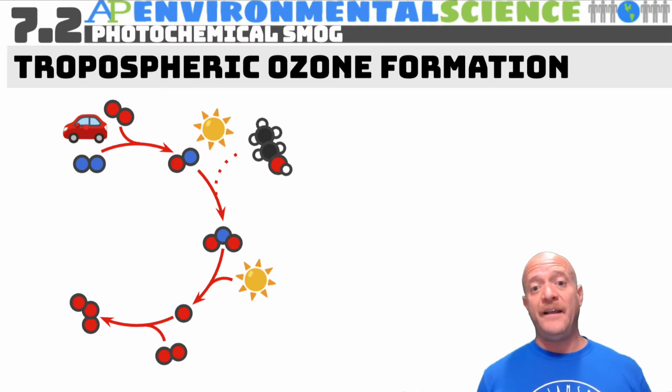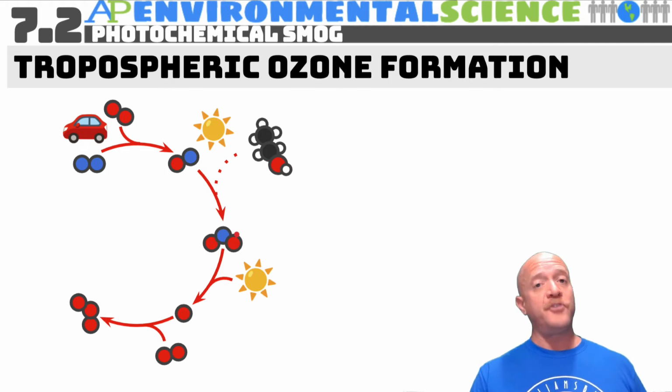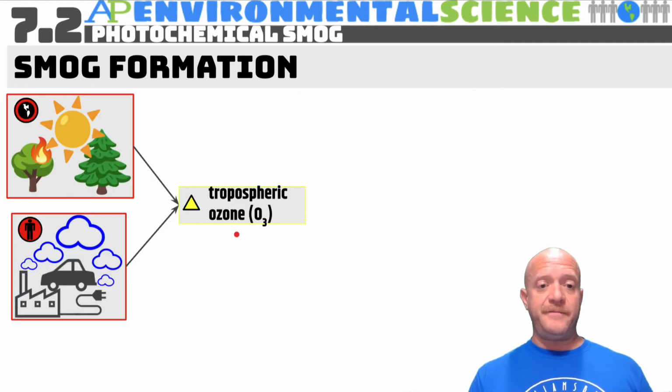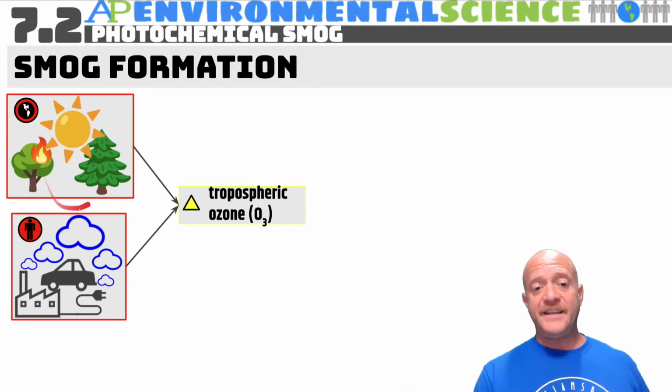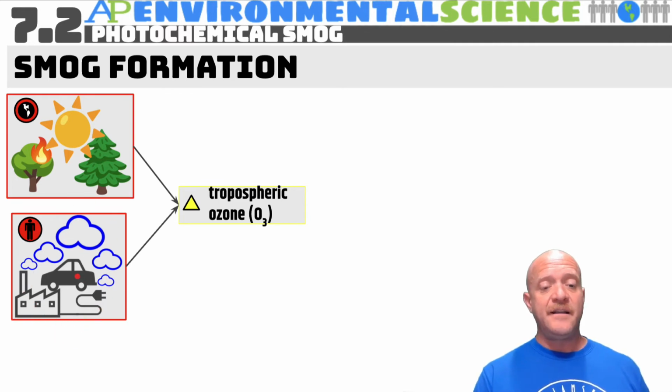That is when we're generating a lot of these nitric oxides and nitrogen dioxide, which then lead to the formation of tropospheric ozone. So in smog formation, we can have the natural sources of these VOCs, and then we have the anthropogenic sources, which is from the combustion of fossil fuels.